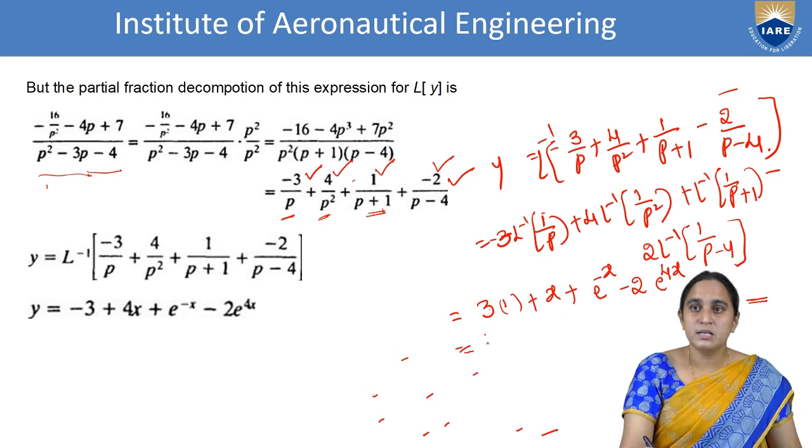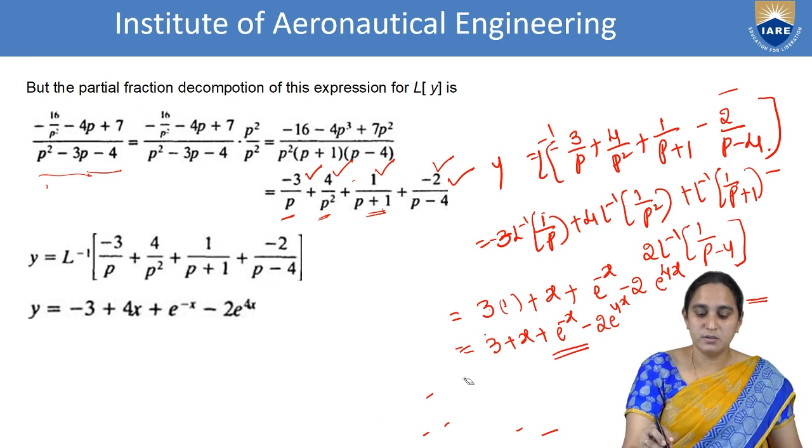Therefore, 3 plus x plus e power minus x minus 2 into e power 4x. This is the solution for the third question.